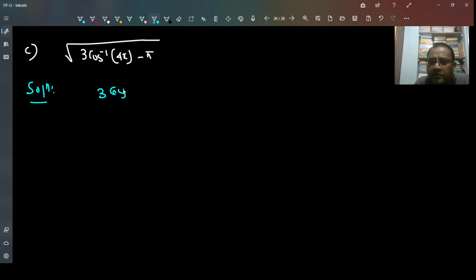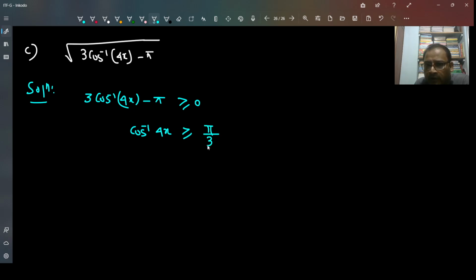So 3 cos inverse 4x minus pi is greater than or equal to 0. So cos inverse of 4x is greater than or equal to pi by 3.